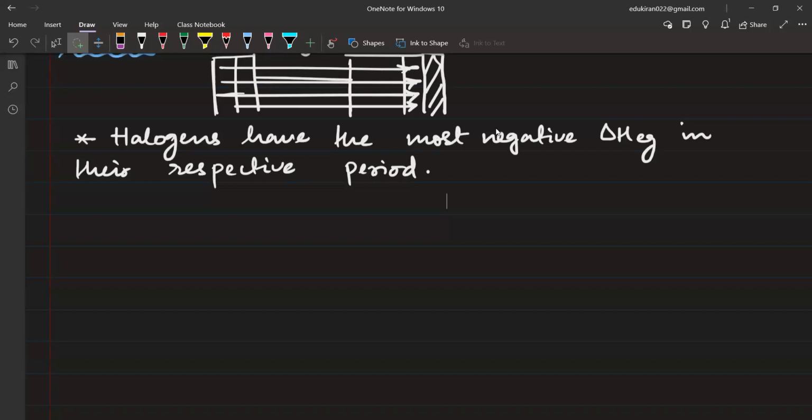So please write the next point, that is the delta HEG of fluorine versus chlorine.